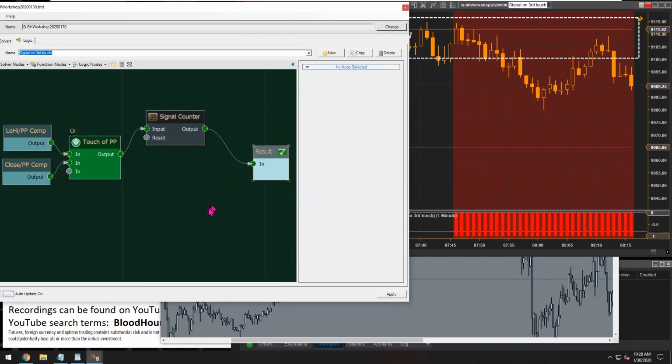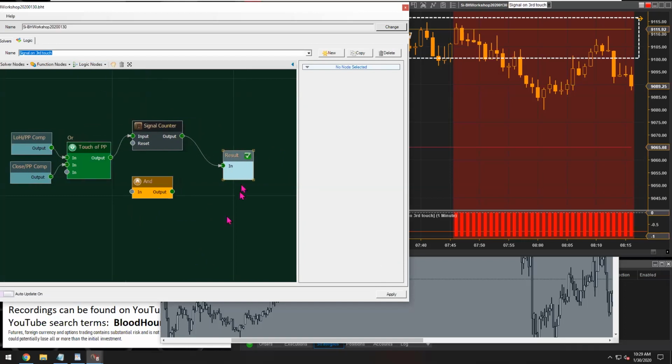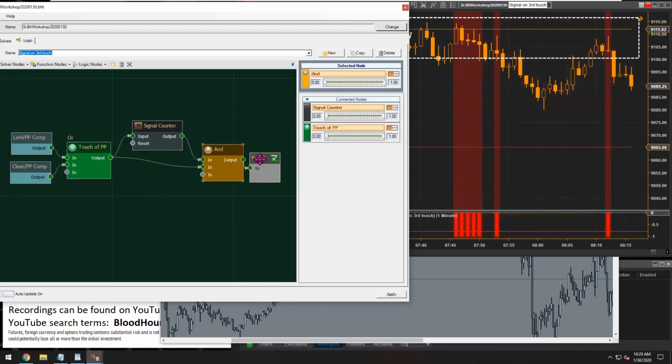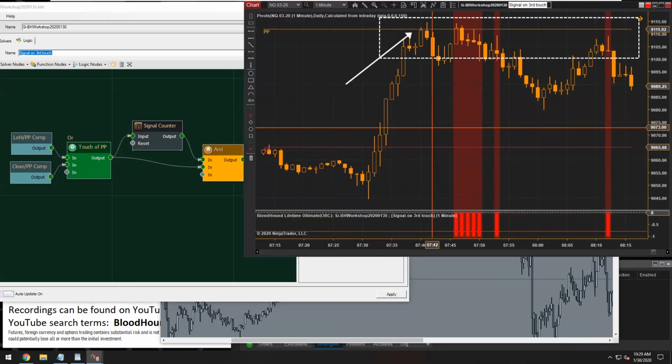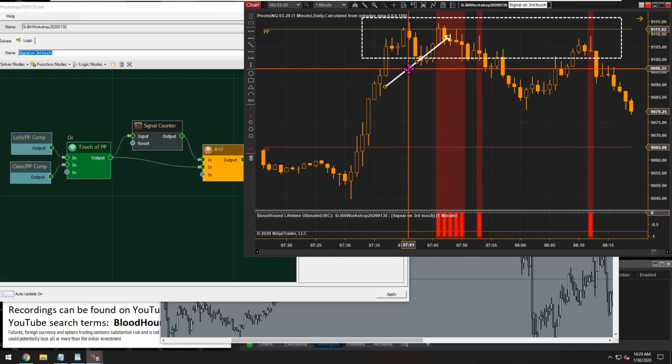Okay, one last step. We're going to grab another AND node, put the signal counter into that, take the original signals, connect it in, and there we go. That cleans it up. So basically, there is the third touch plus all the other bars where the high or the close gets close enough to our resistance line.